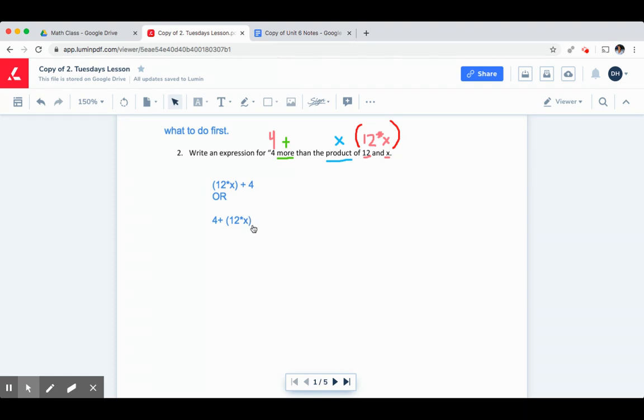It does not matter whether or not the parentheses came in the beginning of your expression or at the end of the expression. And I want you to think about why. Based on what parentheses show us, why do you think that it didn't matter whether or not I put it first or put it second?